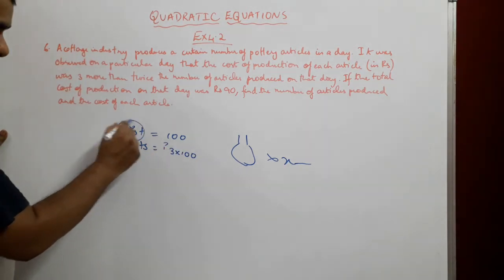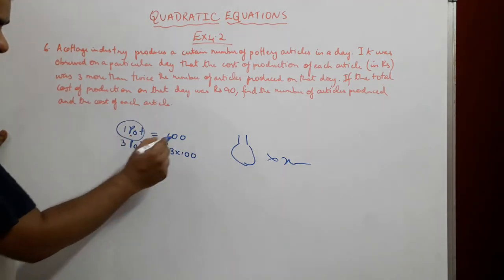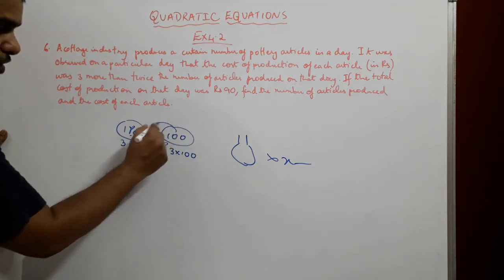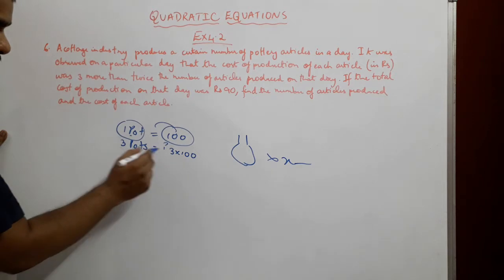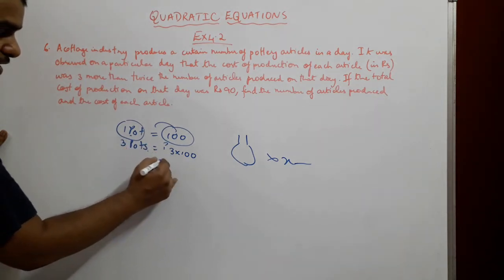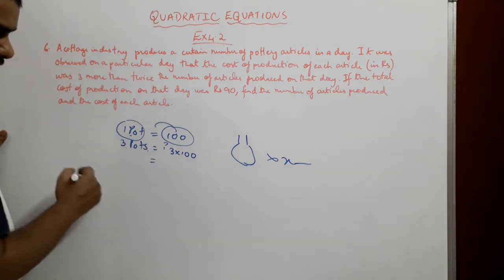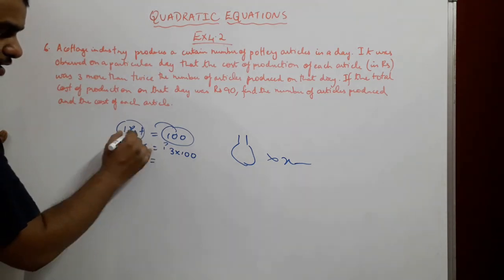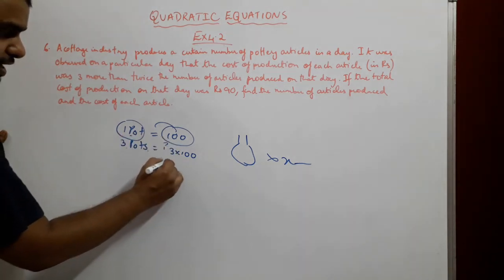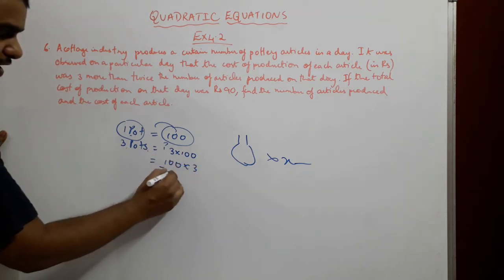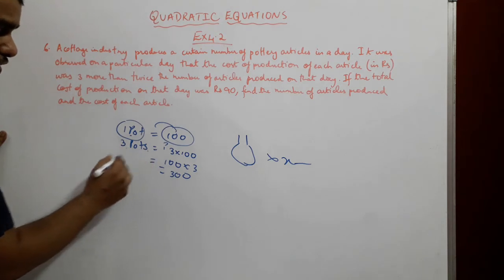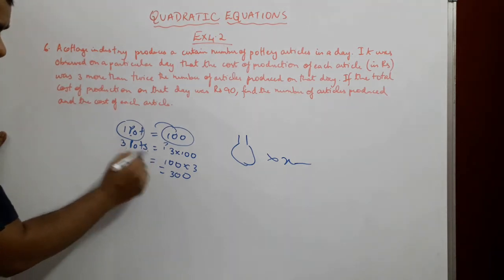How many pots? One pot. How much cost for that one pot? 100 rupees. Correct? So in order to find the cost of 3 pots, we multiply the cost of each pot. So cost of each pot is 100 into the number of pots produced. That will give us the total cost of production for 3 pots, right?